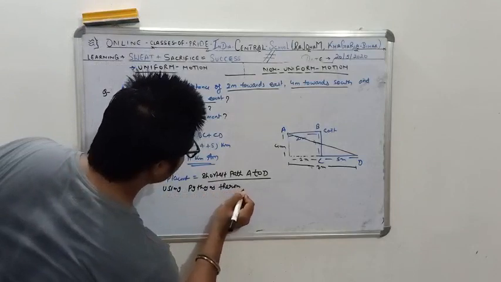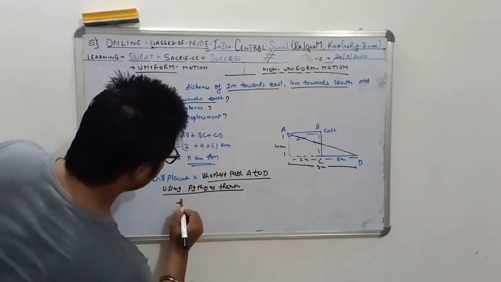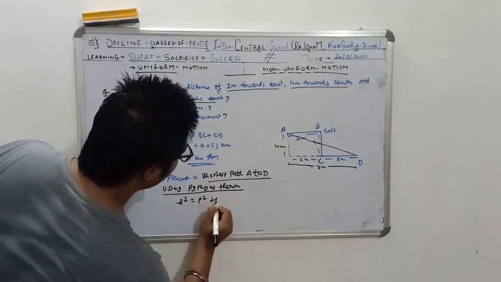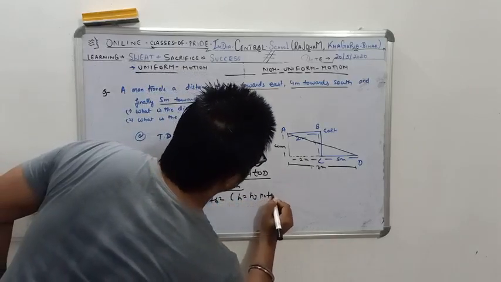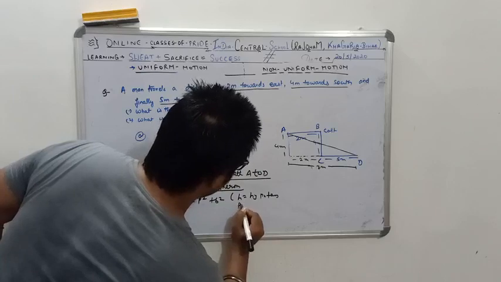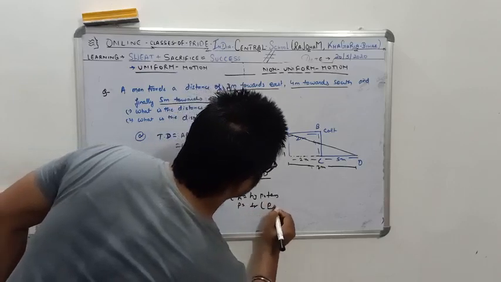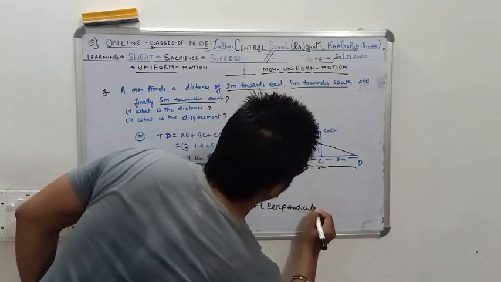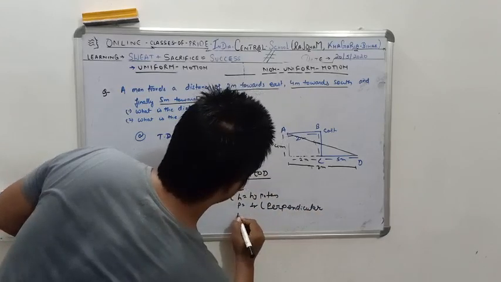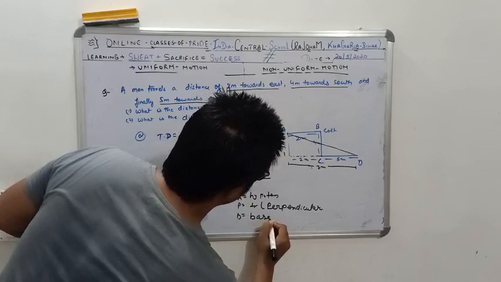Using the Pythagoras theorem, we say that h square is equal to p square plus b square, where h is the hypotenuse, p is the perpendicular, and b is the base.